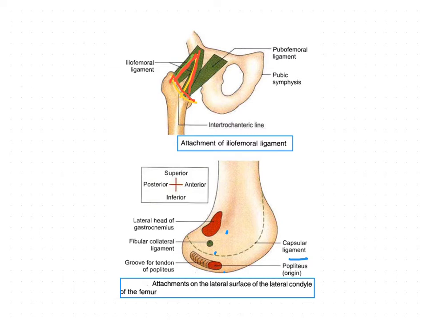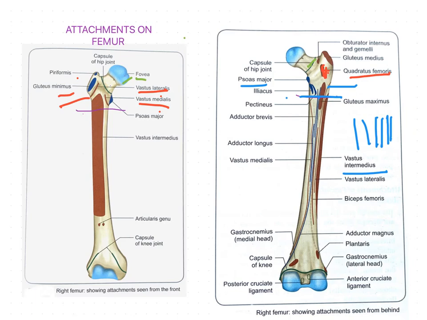Now if you see the attachments on the medial condyle, what are the attachments on the medial condyle? The medial condyle gives attachment to the tibial collateral ligament, and you can find the adductor tubercle.